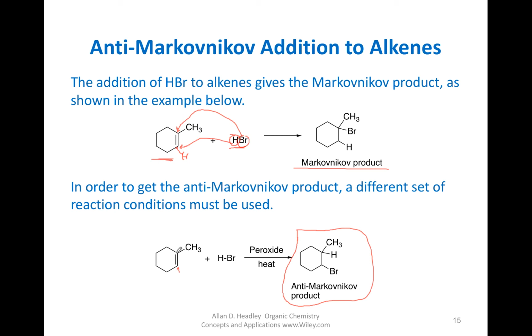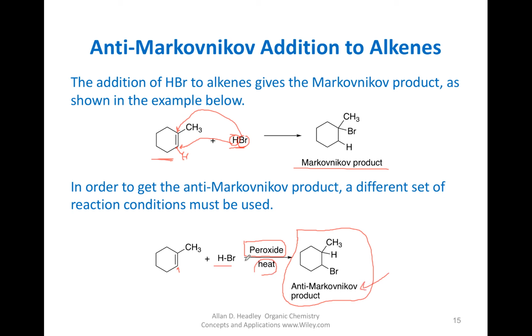As I mentioned earlier, the reaction conditions and reaction mechanism have to be different. So here are the reagents. HBr, key, in the presence of a peroxide and heat, you will get the anti-Markovnikov product.